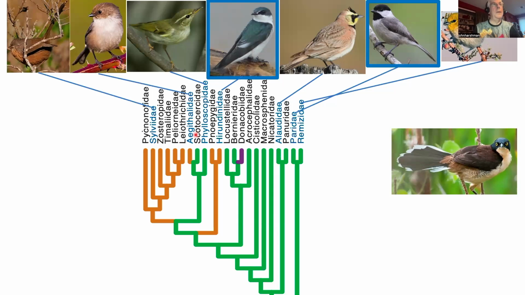And I apologize, this slide is fairly old. The wren tit is the only member of its family in the US, but that family has turned from Sylviidae to Paradoxornithidae. We'll see.